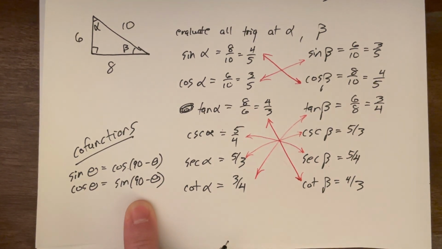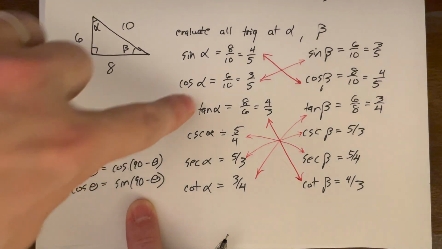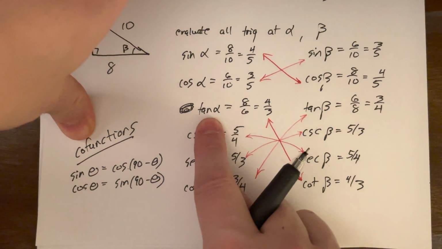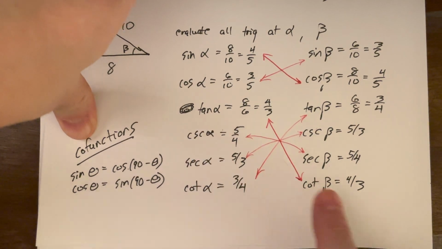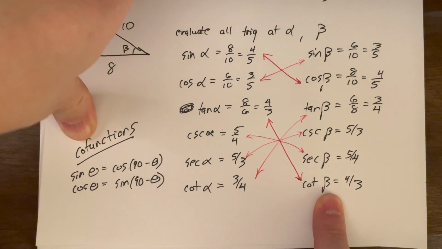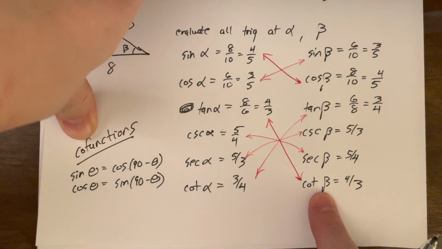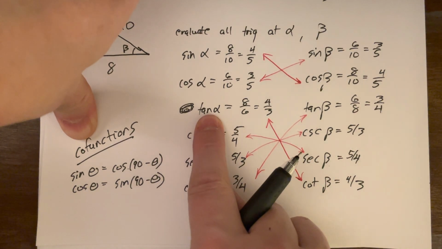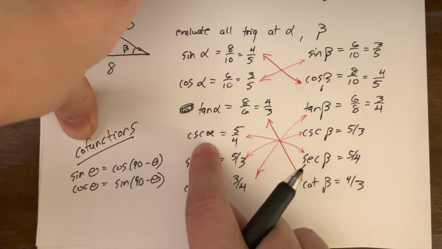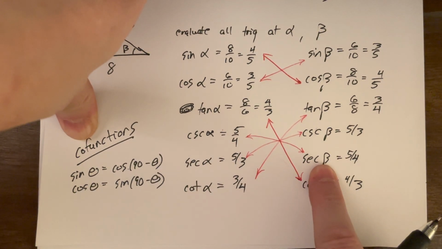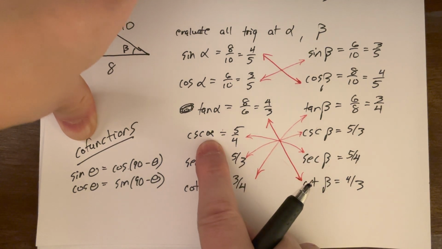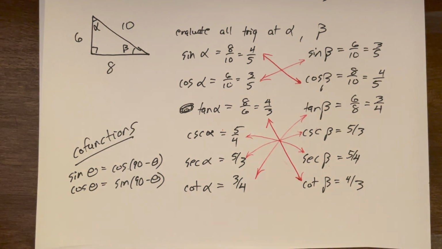That is always, always how it will work. And I could do the same thing with the others. Tangent of theta is the same as cotangent of 90 minus theta. Or vice versa, cotangent of theta is the same as tangent of 90 minus theta. Cosecant of theta, same as secant of 90 minus theta. And secant of theta, same as cosecant of 90 minus theta.